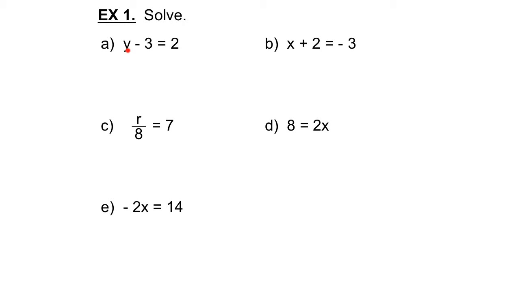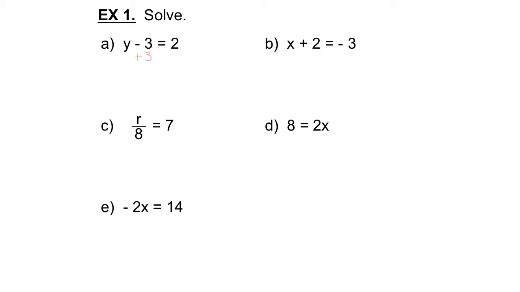So for this one, y minus 3 equals 2. Well, if I want to eliminate this term on the left-hand side so that y is by itself, I need to do the opposite operation. So right now it's subtracting 3. What's the opposite? Adding 3.